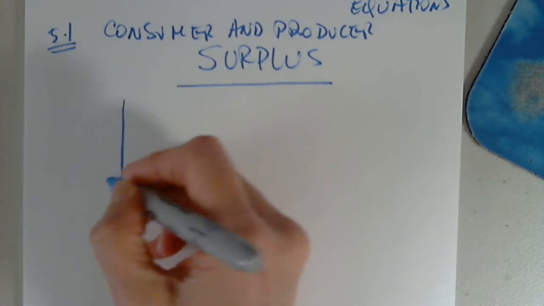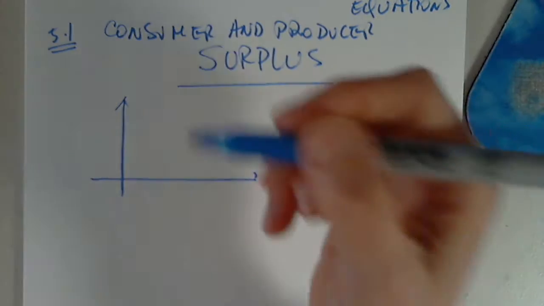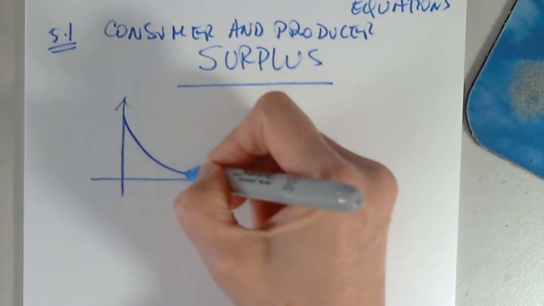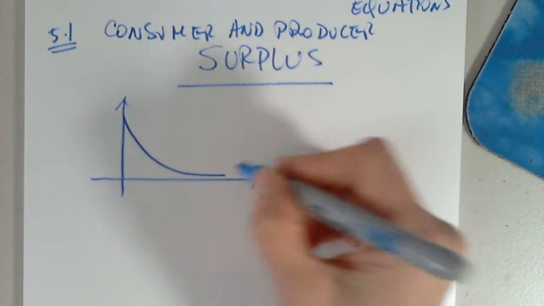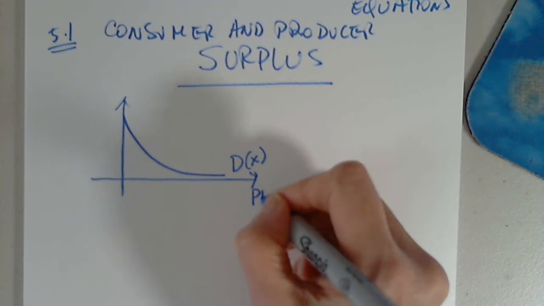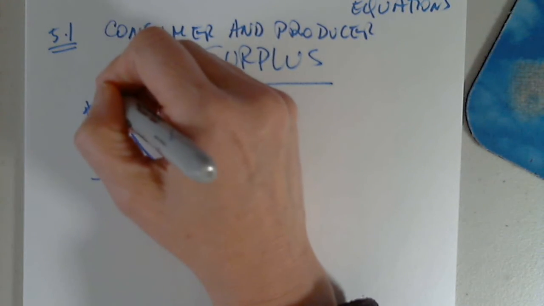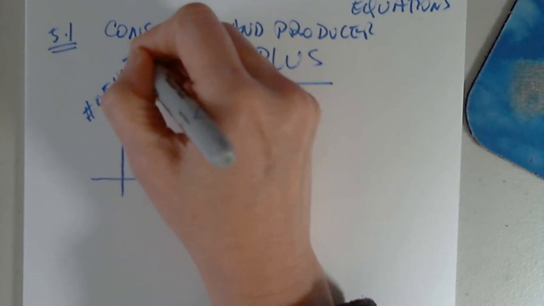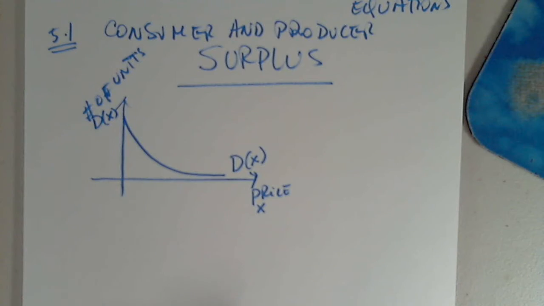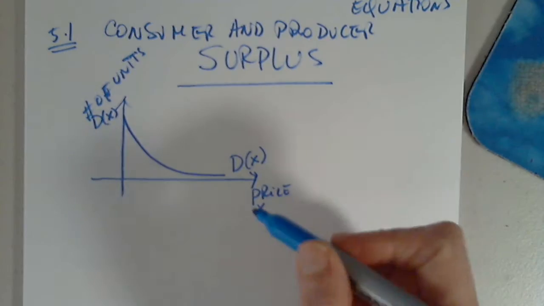We talked about this some time ago about demand and supply. So this is an example of a demand function, D of X. This is the price, X, and this is the number of units, or D of X. Why does this function look like this?